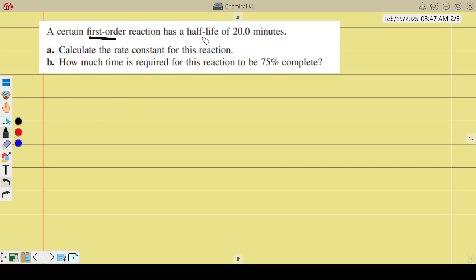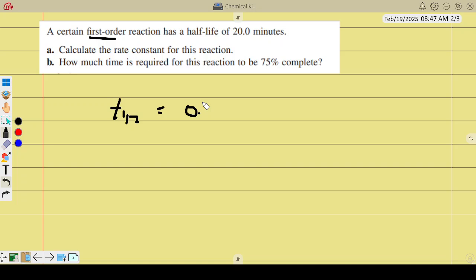Okay, so I've been given half-life and it's a first order reaction. So where you see first order, what has to click in your mind? The half-life, we've derived it. Half-life is equal to 0.693 over k.